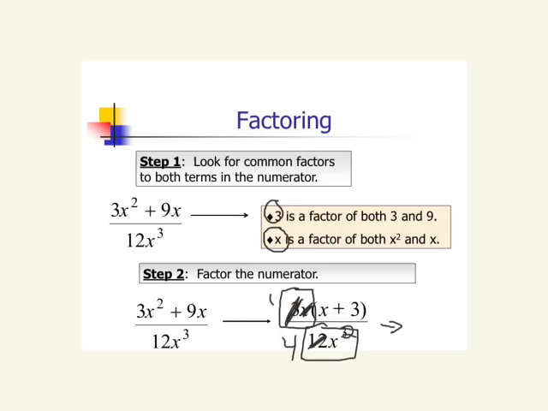So then my final answer in simplified form is x plus 3 all over 4x squared. And again, nothing more can divide out because the numerator is a sum, and I can never divide out part of a sum. I also need to state my excluded value, so x cannot equal 0.